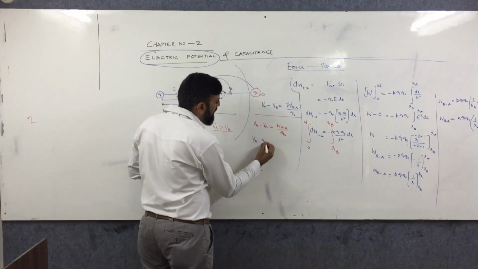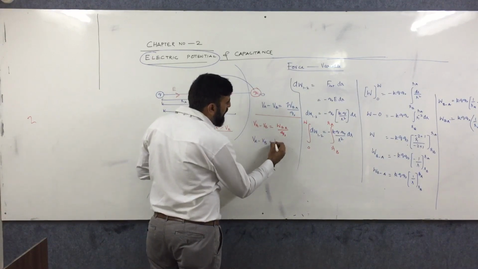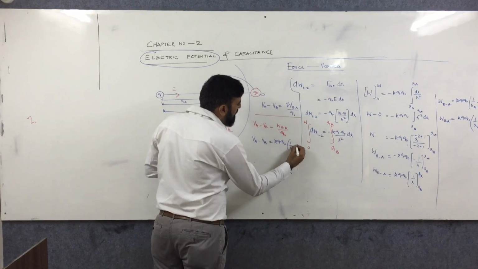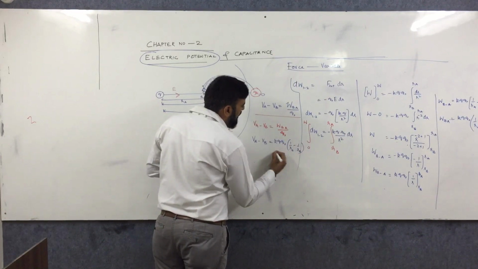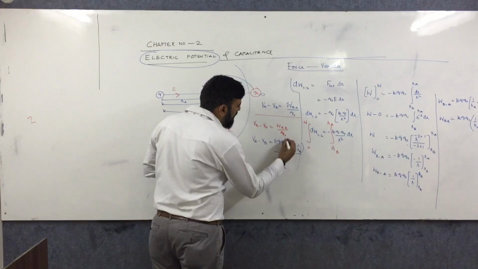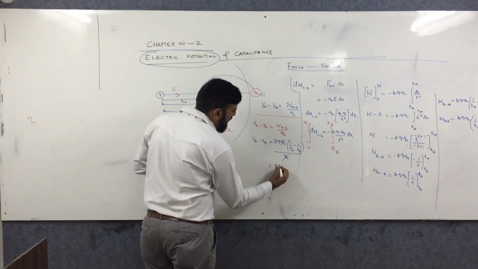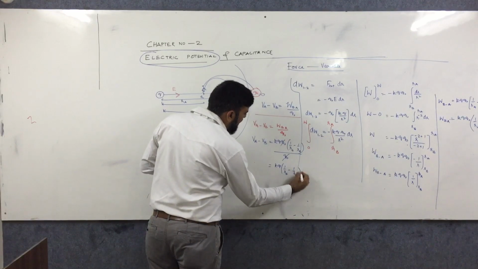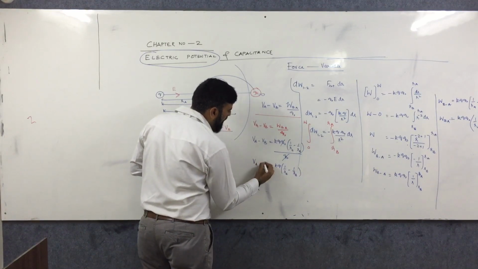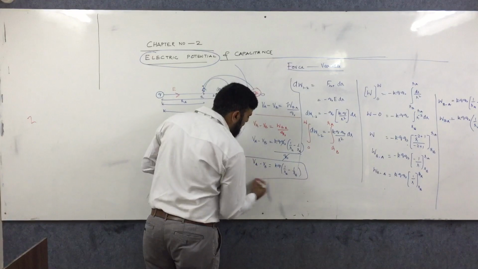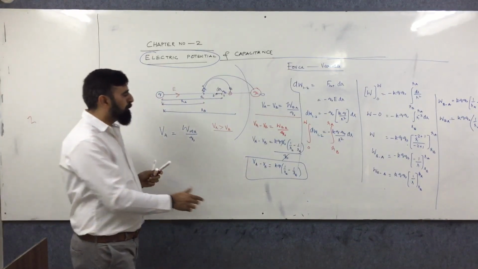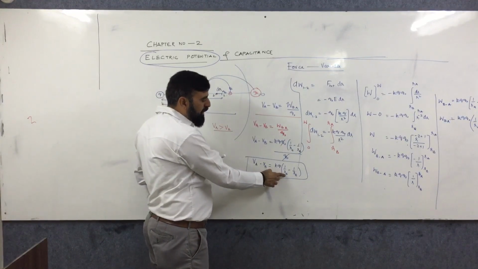VA minus VB is equal to k q q0 (1 by RA minus 1 by RB) upon q0. You cancel this: k q (1 by RA minus 1 by RB). That becomes your expression for the potential difference between A and B. Logically also, if you see, RA is smaller than RB.